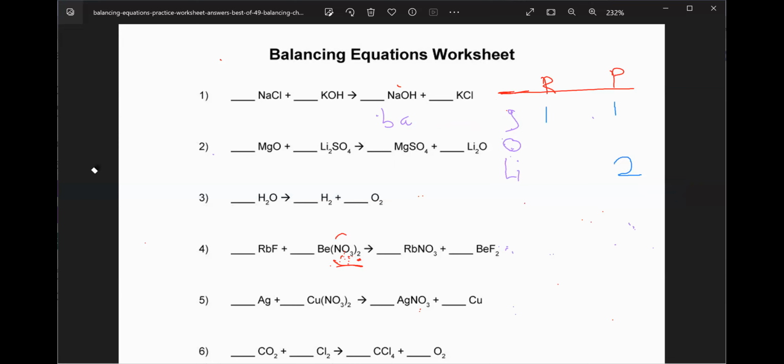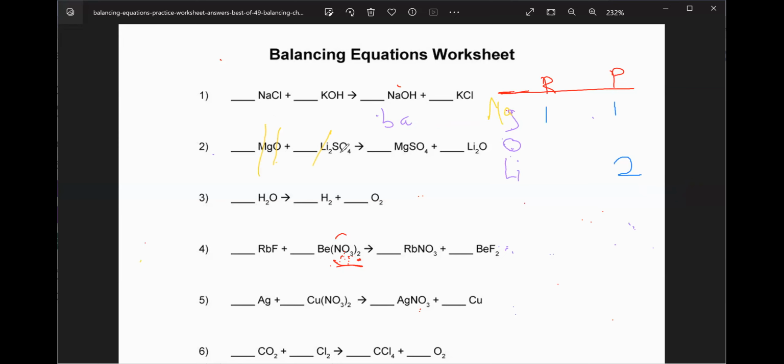Let's do it again. Okay. I have magnesium already. I wrote it. I have oxygen. I wrote it. I have lithium. I wrote it. What else do I have? Oh, you have sulfur. Sulfur. Yes.